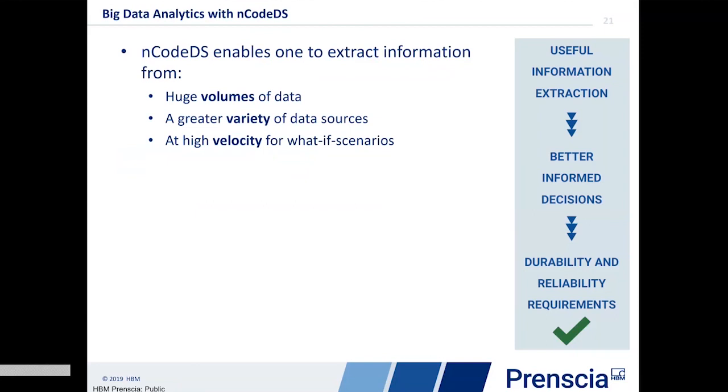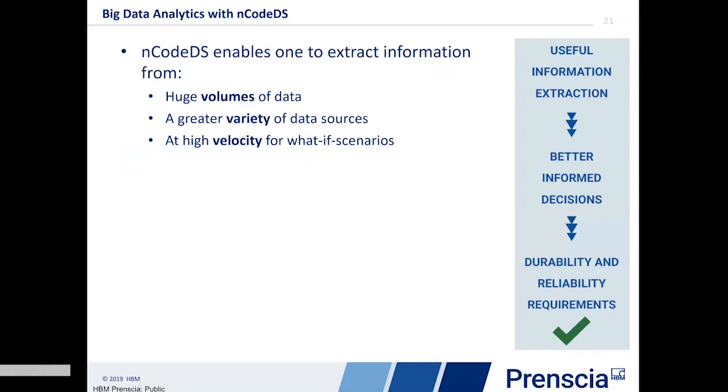So we do some kind of data fusion, and we address this variety of data. And being parallelized and scalable, nCodeDS addresses the high velocity requirement as well. That's quite useful for doing what if scenarios, especially if you are in a predictive mindset, right? You want to test a few models. So high velocity is very crucial.